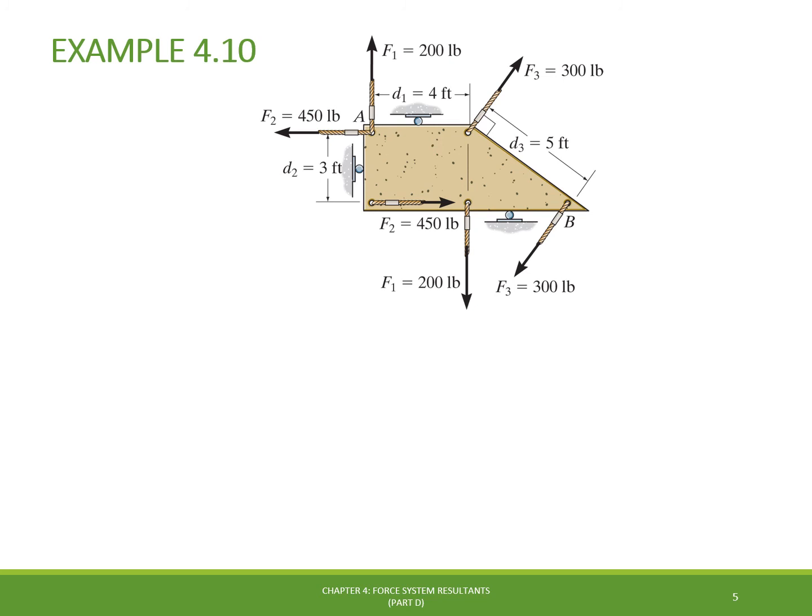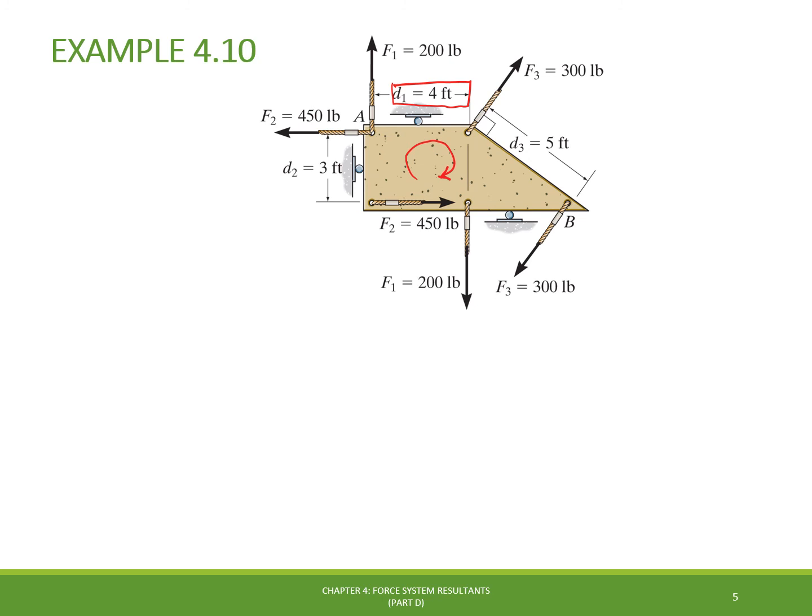To solve this simple 2D problem, we should use the scalar analysis, in which we also need to consider the perpendicular distance between each pair of forces. For the couple force F1, we have the distance d1 of 4 feet that causes a clockwise rotation tendency, or a negative moment.